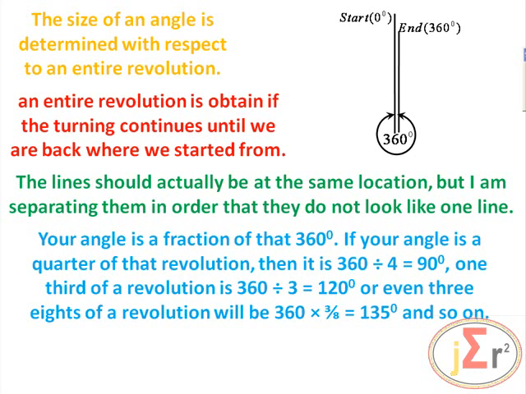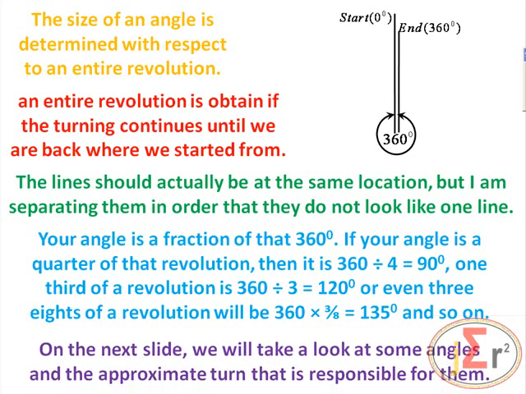So any angle that you have will be a fraction of that entire revolution, and the entire revolution is 360 degrees. On the next slide, we will take a look at some angles and the approximate turn that they represent, or the approximate turn that is responsible for each of them.